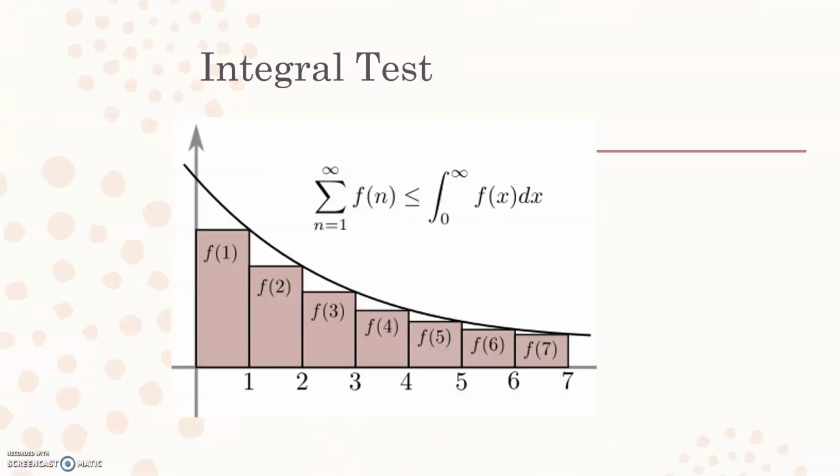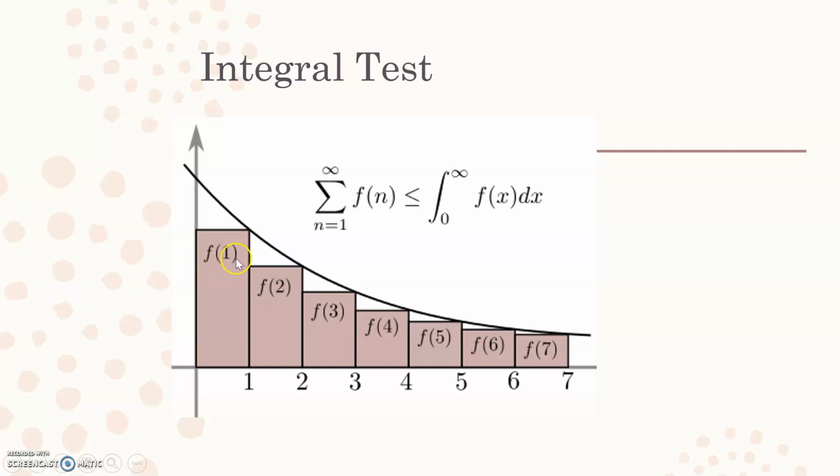All right, so the integral test relies on Riemann sums of a function. So as long as you can define your terms as a function that is positive and decreasing, you can approximate your sum by drawing right-hand rectangles under that curve.